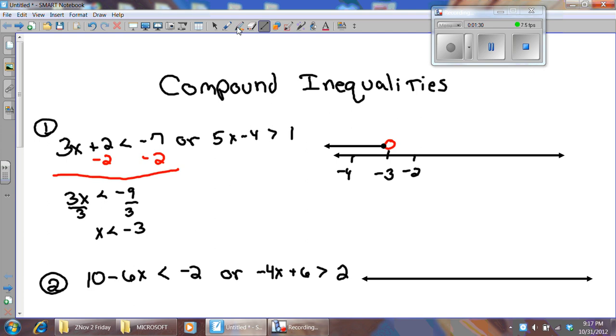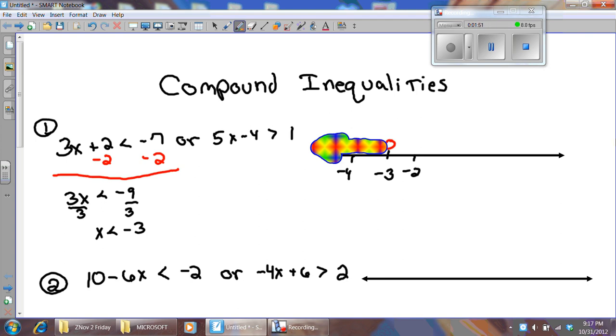And so when I do my shading, I'll try to make it look like an arrowhead. Kinda does. Okay, so there it is. All the numbers less than negative 3.